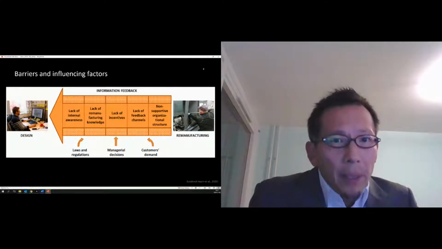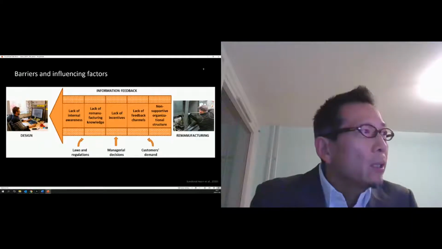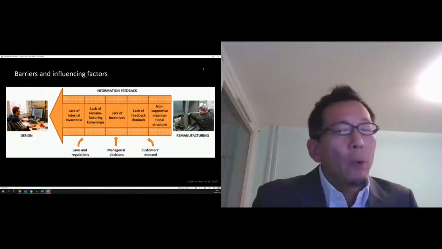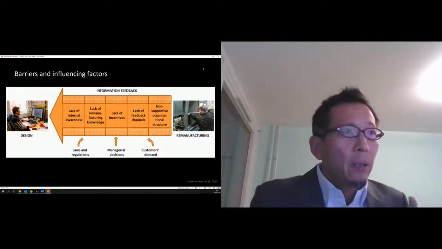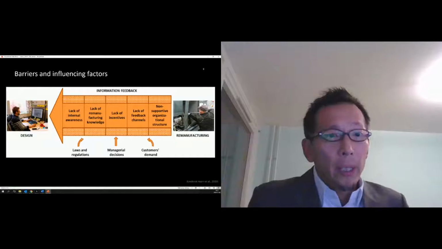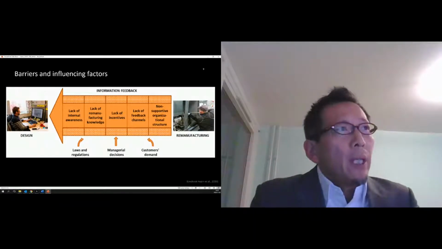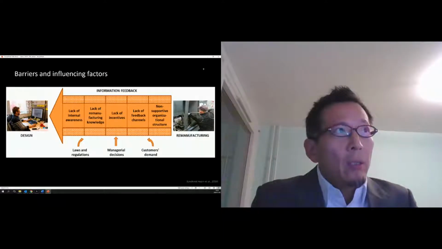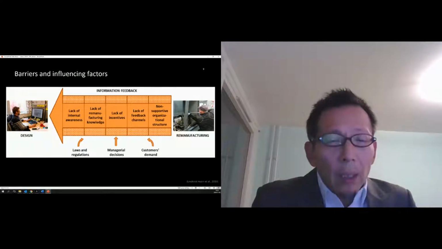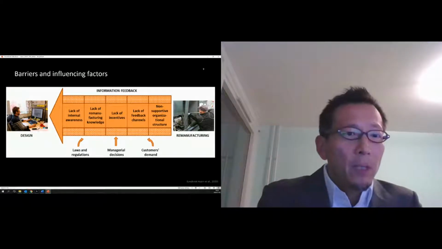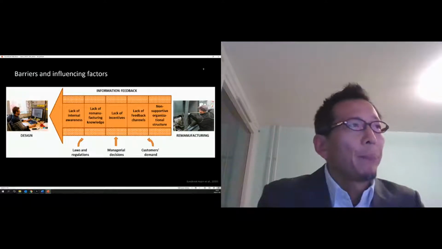Concerning barriers and influencing factors as enablers, we can say that based on the literature and also the interviews, both, we can say that the organizational structure can be a barrier for supporting the information feedback from Reman to design.